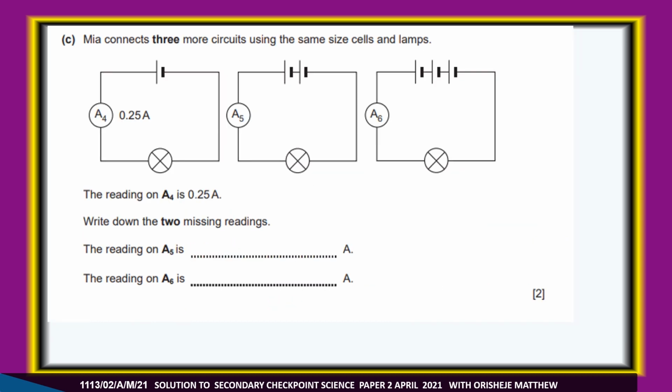May connects 3 more circuits using the same size cells and lamps. The reading A4.